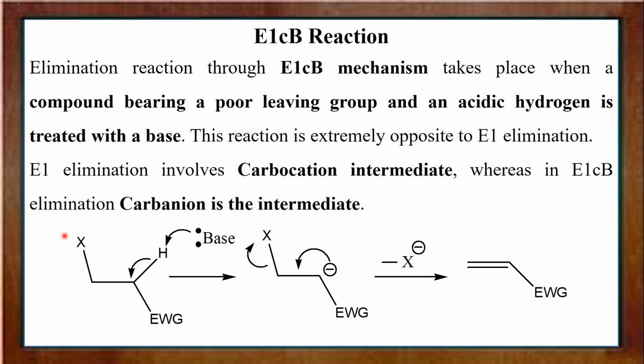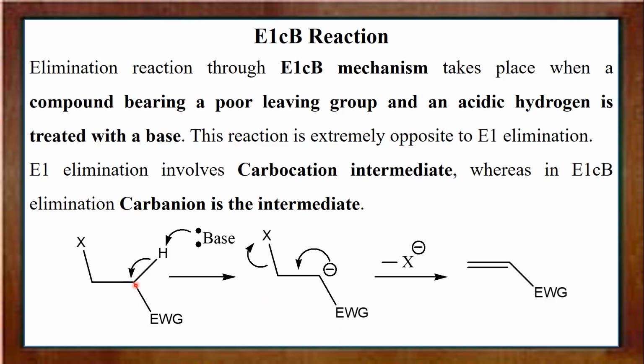So a compound bearing a poor leaving group and an acidic beta hydrogen undergoes elimination by the E1CB mechanism. This mechanism is extremely opposite, the other pole of E1 elimination. In E1 elimination, the intermediate was a carbocation, whereas the E1CB mechanism has a carbanion intermediate.